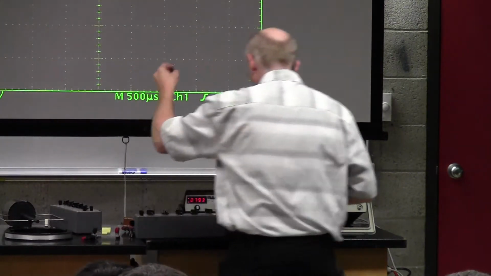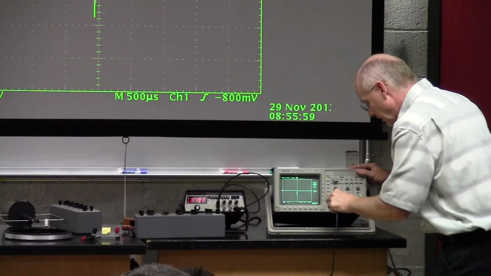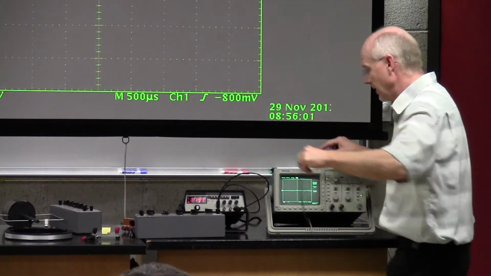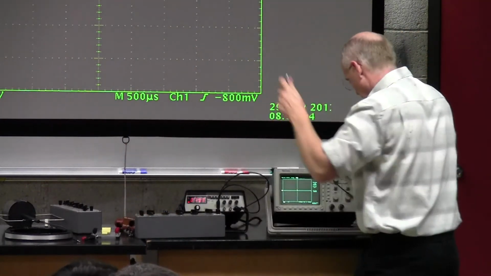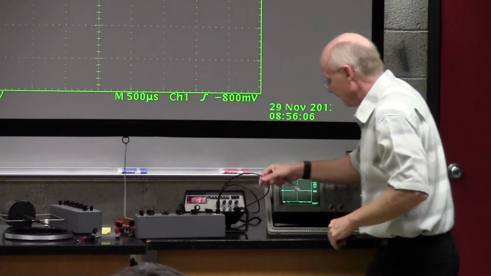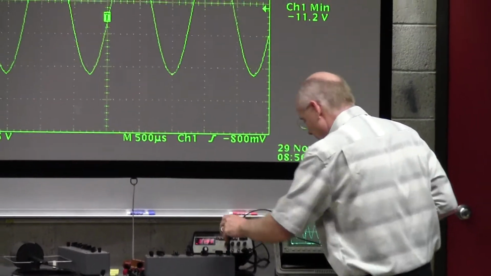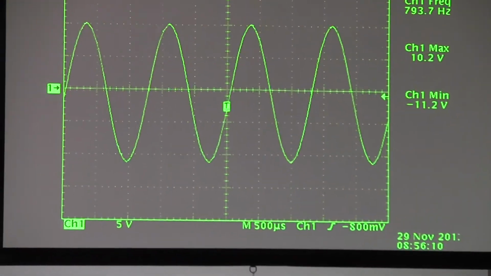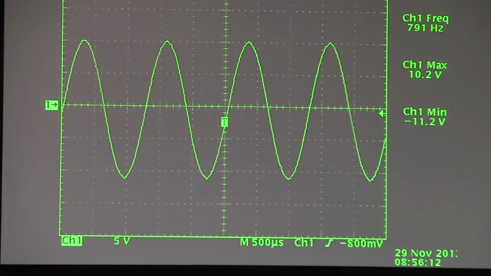All right, so let me take a wire. Let me take that channel 1. Let me get a longer wire. Let me take that channel 1. Let me hook it right there. All right, and so channel 1 is telling me what is the voltage going to that resistor. Fair enough? Now, what current do I get?